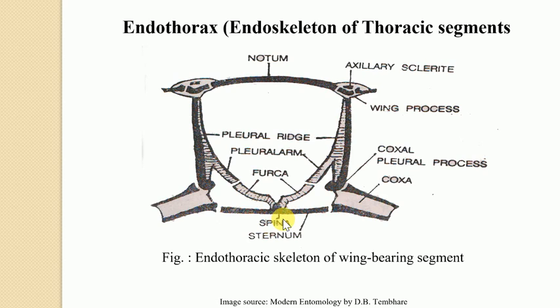It also forms a composite Y-shaped endoskeletal body, and this Y-shaped endoskeletal body is referred to as the furca, as we mentioned when learning the sternite.